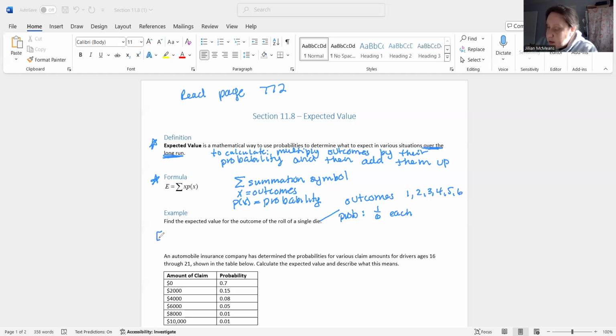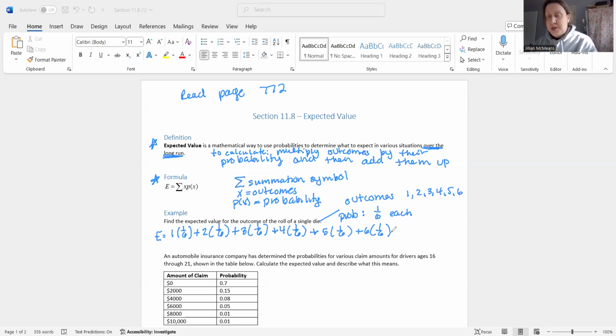So to calculate the expected value, we would take each individual outcome, multiply it by its probability, and then from here, you can clean it up a little bit, or you can go to your calculator.